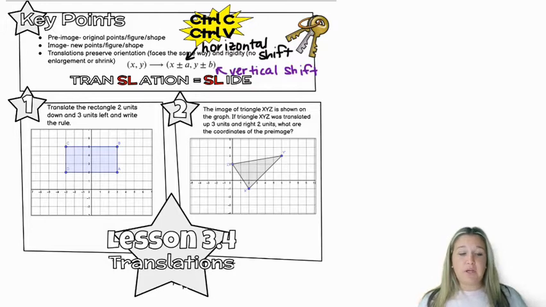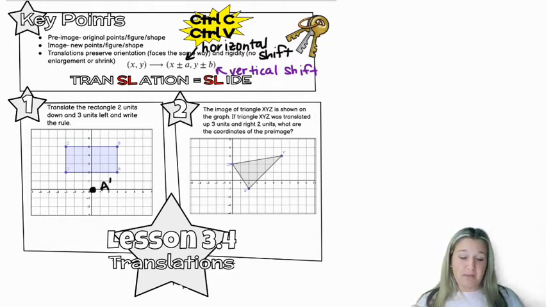Our first example here, we're going to translate this rectangle 2 units down and 3 units to the left. So this is the pre-image, okay? And now we're going to draw the image. 2 units down and 3 to the left. So our new A is here. We mark it with a little tick mark at the top. That's called a prime.